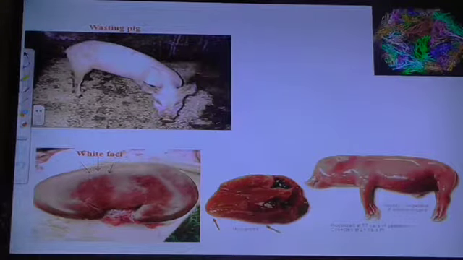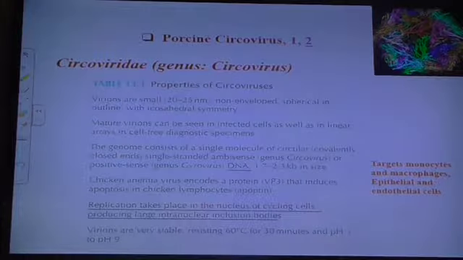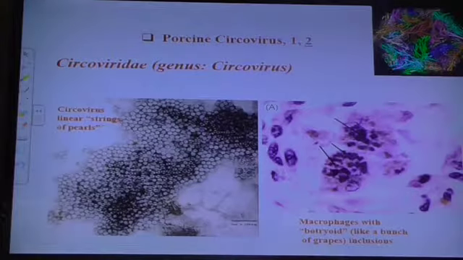A disease that causes a number of symptoms. So we know circoviruses target monocytes and macrophages, and they target epithelial and endothelial cells. Hence, their effects are systemic.